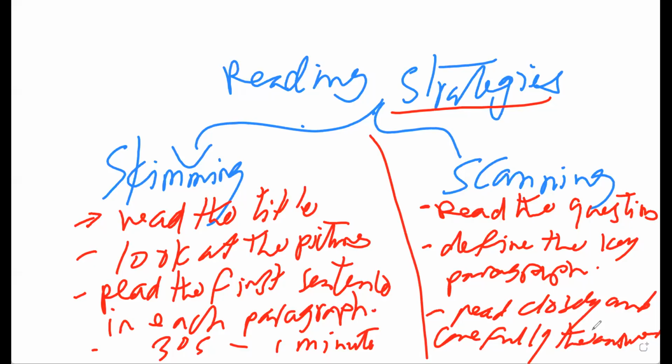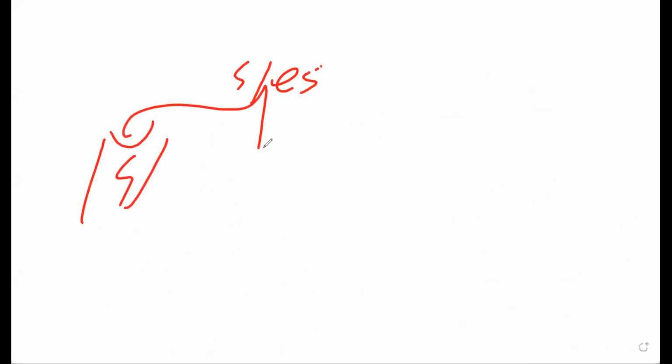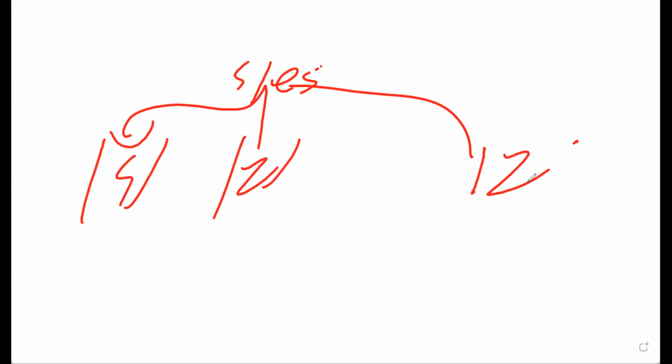Let me stop sharing this and share my whiteboard. Es or s, s or z or iz. So the suffix s or es is pronounced in three different ways.